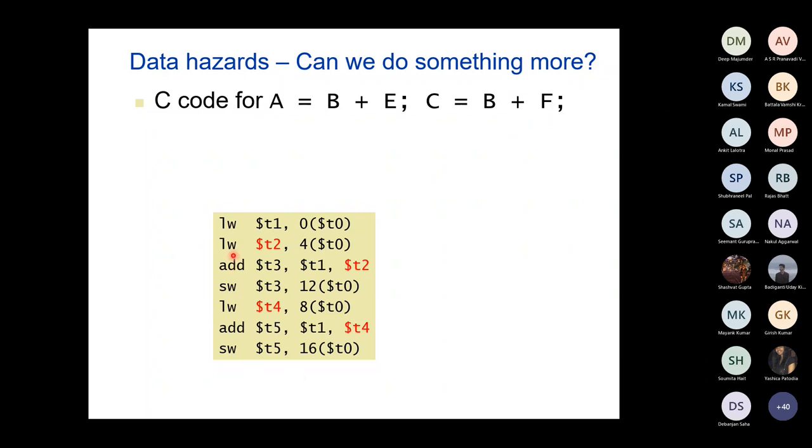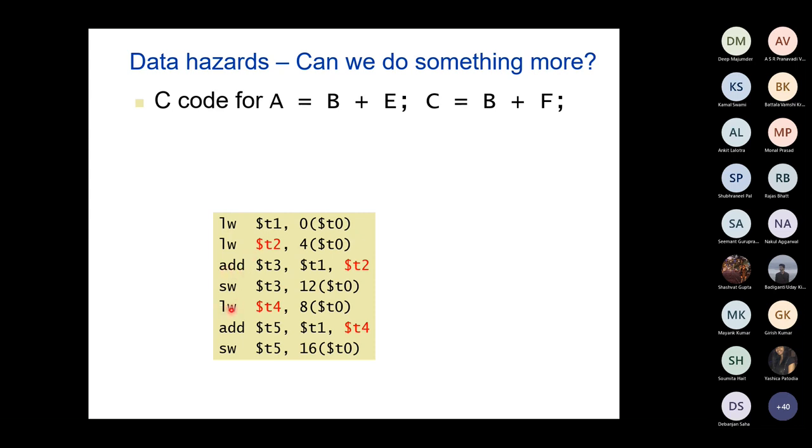Notice a couple of things in the light of the previous discussion. You have a load instruction here with this destination register, and that destination register is immediately used as a source register of the successor add instruction.